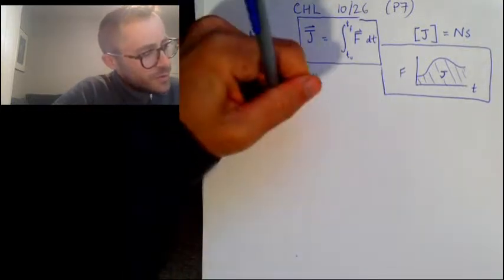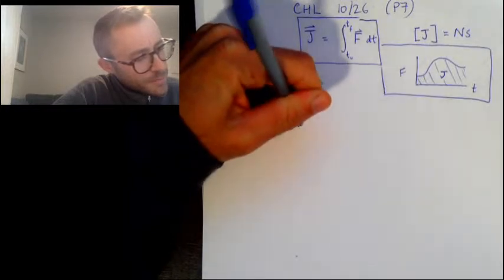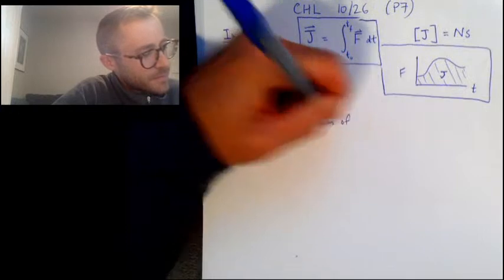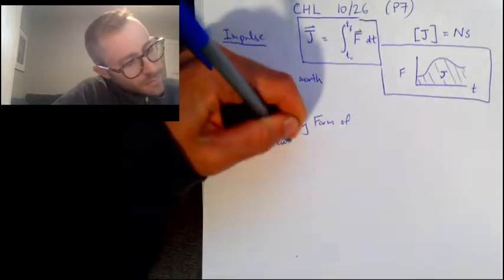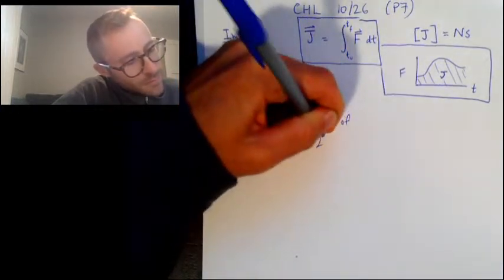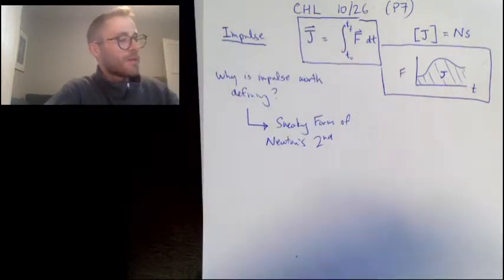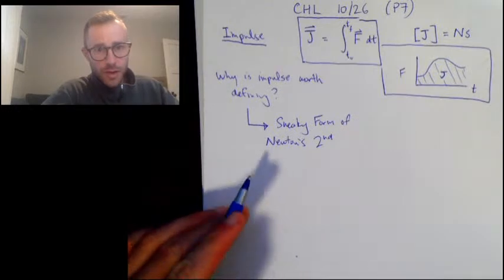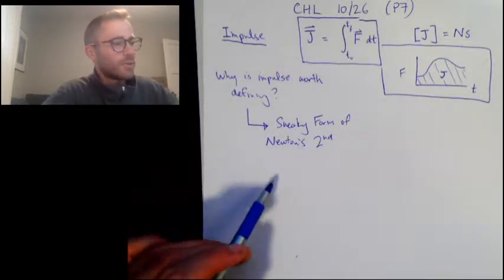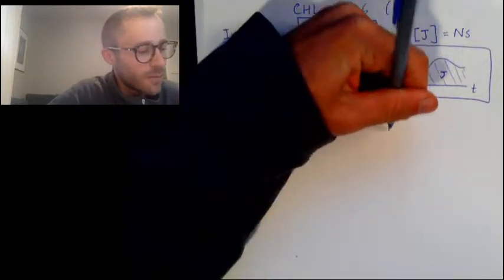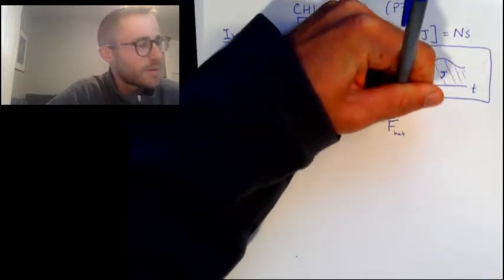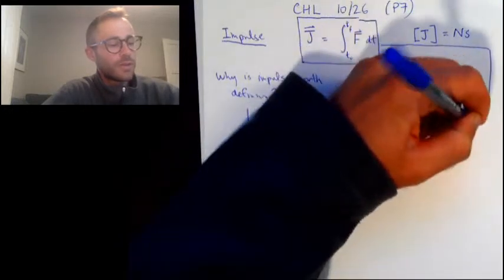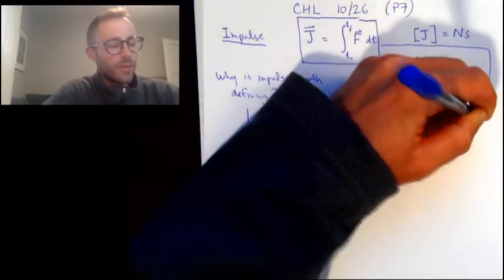But let's go to the sneaky form of Newton's second law. In the very first momentum lecture, I discussed the sneaky form of Newton's second law, which is net force equals the derivative of the particle's momentum.